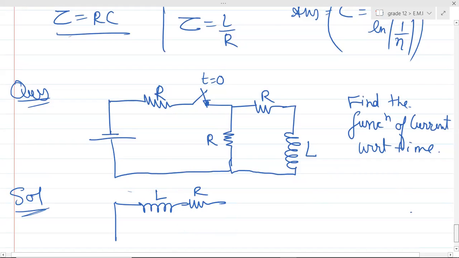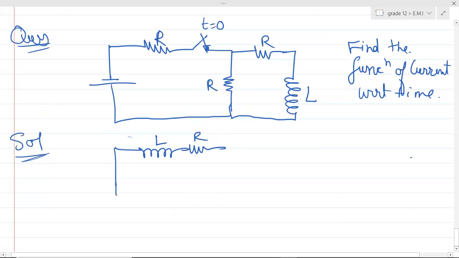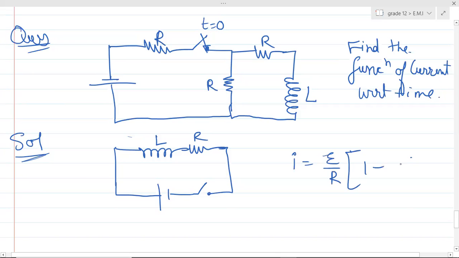If this would have been the case, then your answer would have been I equals I naught into 1 minus e to the power minus R by L times t, where I naught was E by R. So if this circuit would not have been given, and it would have been only this circuit, the answer is simple then.